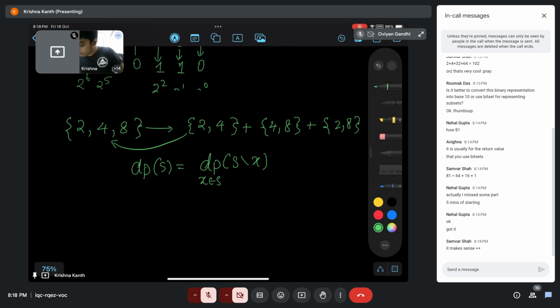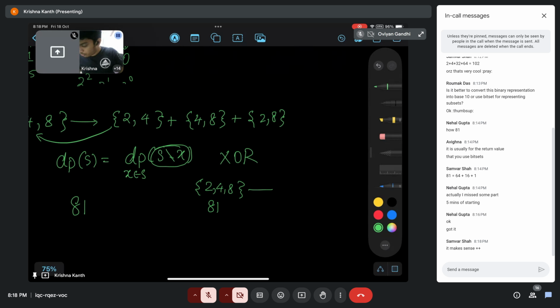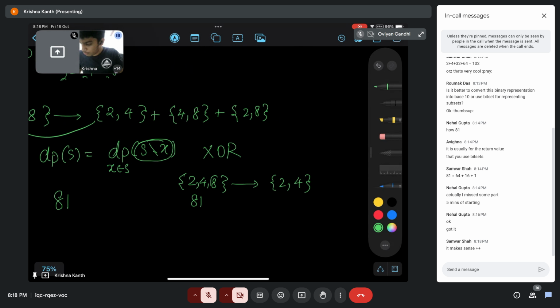Now, you see this operation here, right? We're removing this x from S. And again, it turns out there's a convenient way using the XOR operator. Let's say right now we have {2, 4, 8}, and x is the fourth element, 8, which corresponds to the mask for {2, 4, 8}, and we want to convert this into just the subset {2, 4}. So we want to basically remove the eighth bit, and this is very easy with the XOR operator.